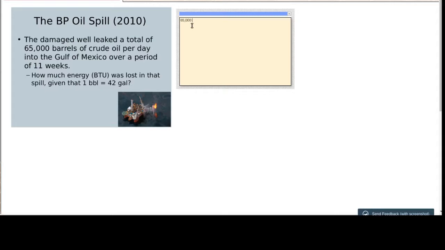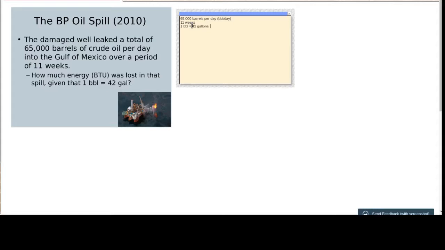So we've got our data, 65,000 barrels per day, and barrels is abbreviated BBL per day. That's a data point. We have 11 weeks. We have a conversion factor that 1 barrel, 1 BBL, is equal to 42 gallons.